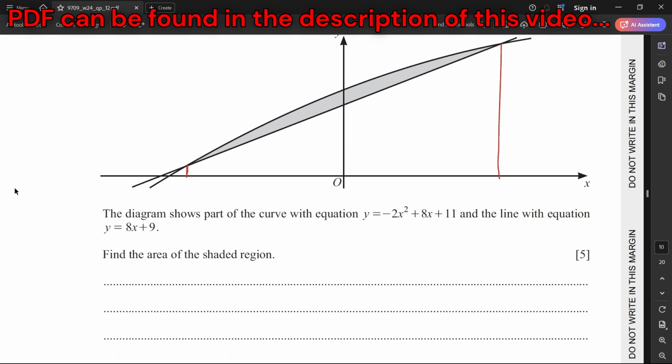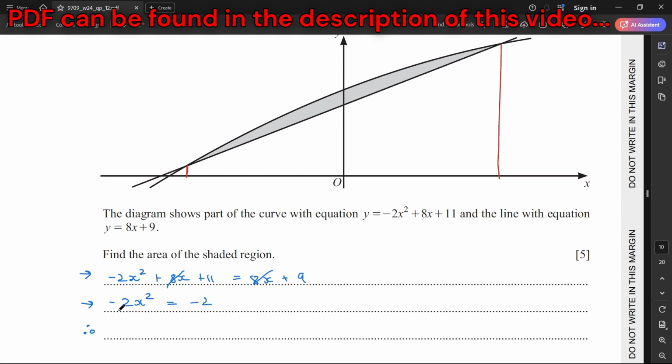I'll first need to find the points of intersection. So in order to do this, I'll need to equate both equations, that is -2x² + 8x + 11 = 8x + 9. And I can see that 8x and 8x go out. I'm left with -2x² = 9 - 11, which is -2.